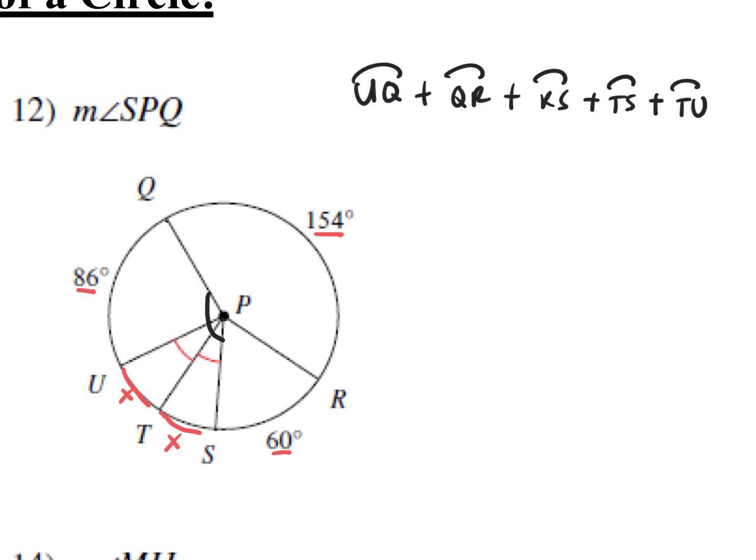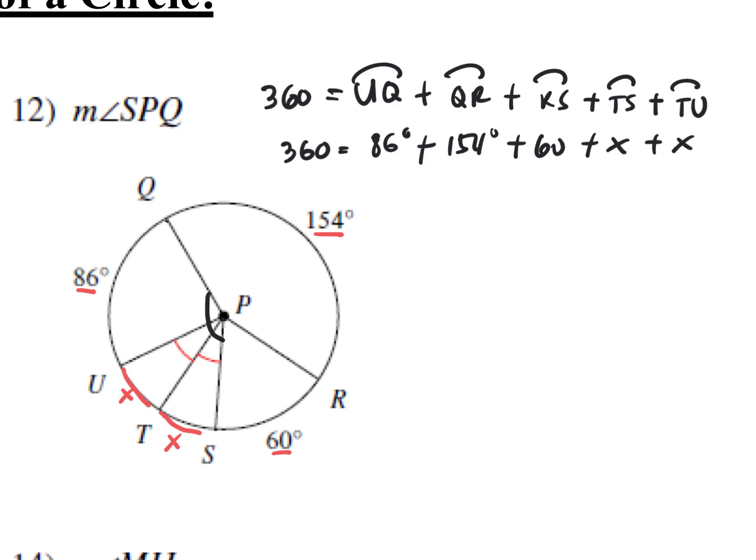So that's going to give you a total of 360. Okay, so let's look at this one. Our UQ is going to be 86 degrees plus 154 degrees plus our RS is 60. Now TS we don't know, so we just put it as X and then X in here. So that's going to give us 360.